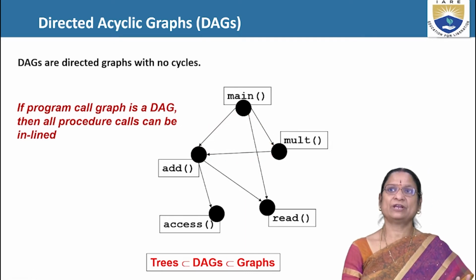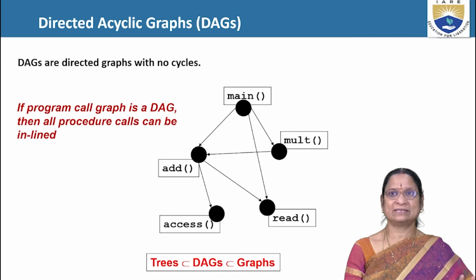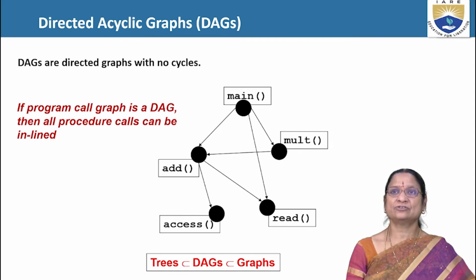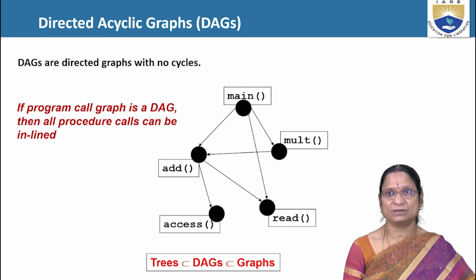In any program, the invocation of the subprograms: if you represent each subprogram as a node and each invocation as an edge, that means from which subprogram, which other subprogram is invoked. So from the parent subprogram to the subprogram which it calls, a directed line or edge is drawn.